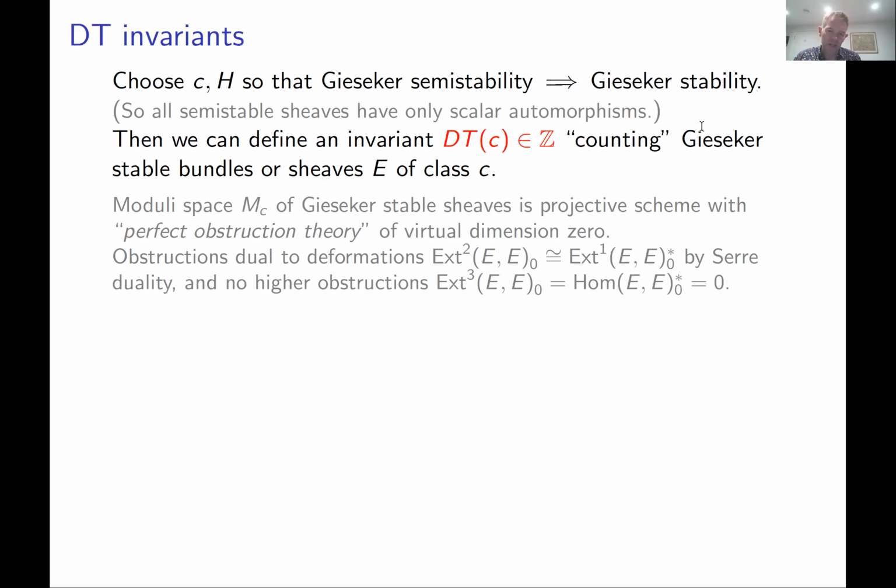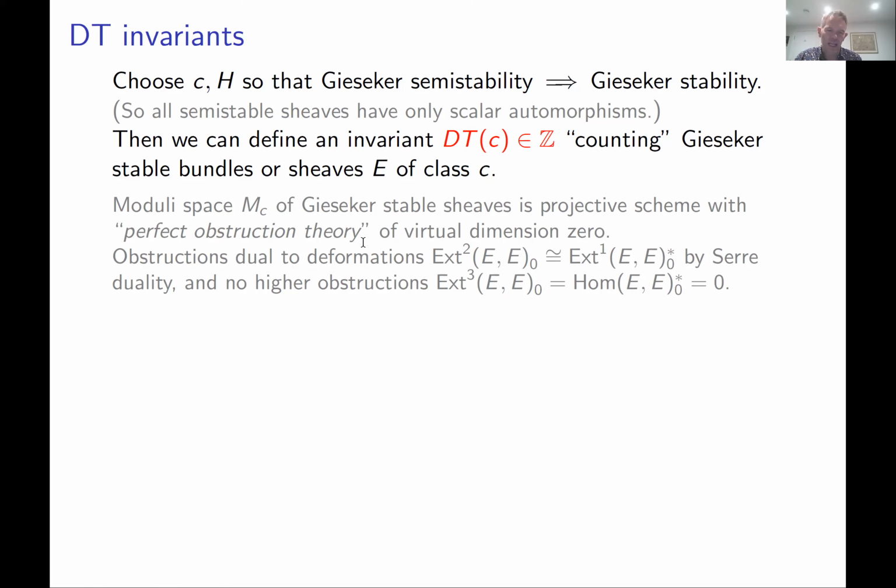And again, the reason for that is that the obstructions to deforming a sheaf, which are given by trace-free Ext^2 from E to E, are dual to the deformations of a sheaf, so the tangent space to the moduli space, Ext^1(E,E). And there are no higher obstructions because they're dual to groups which already vanish, because E is stable, and because it's stable, it has no automorphisms except scalar multiples of the identity. So that means this group vanishes, and therefore the higher obstructions vanish.